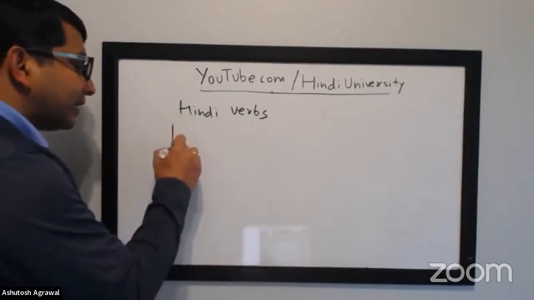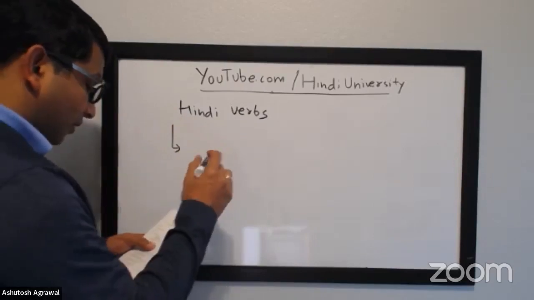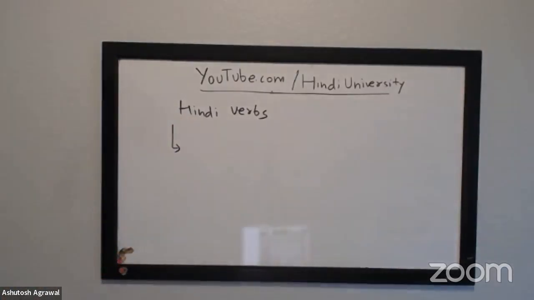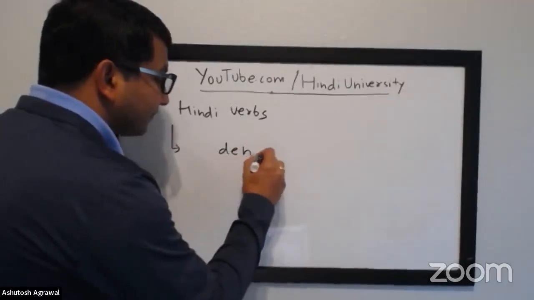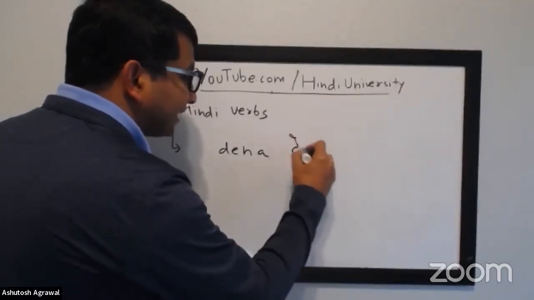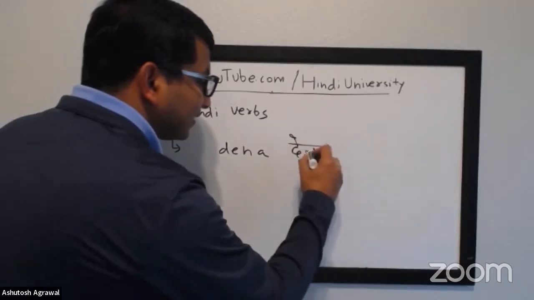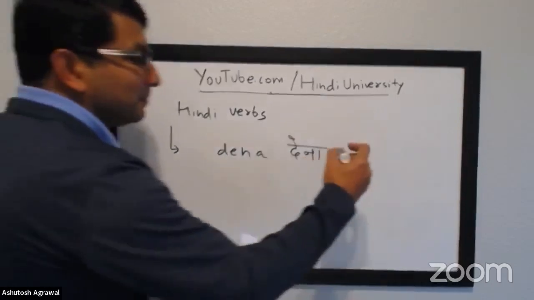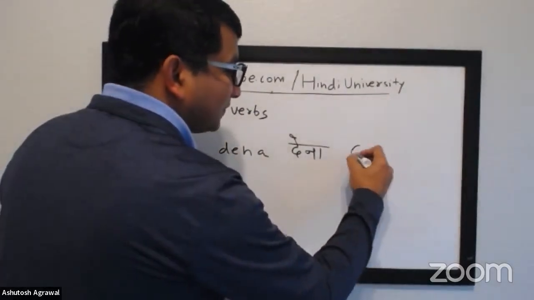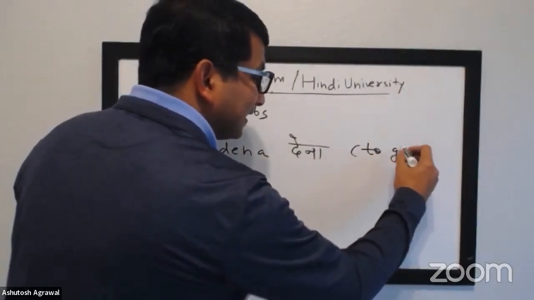Within that, I'm sure you have come across the word Dena. Anyone can tell me what Dena means? You can write it, or you can just unmute yourself. To give, right?